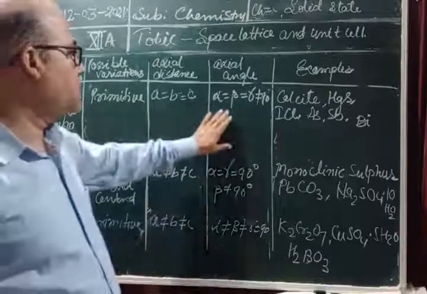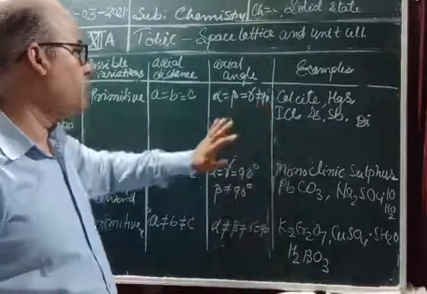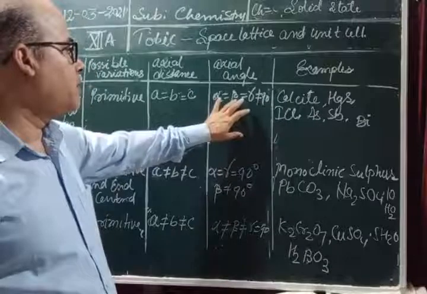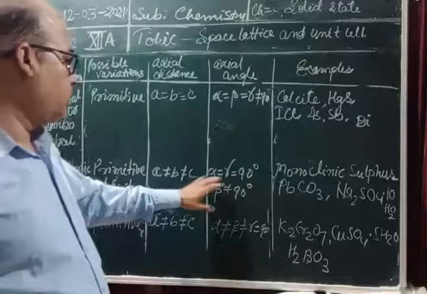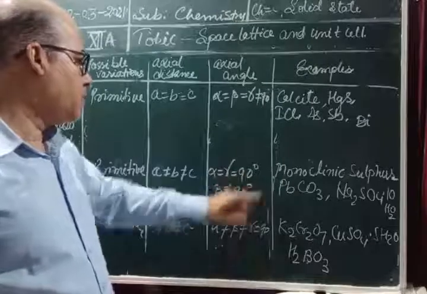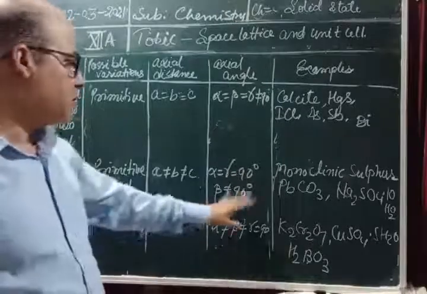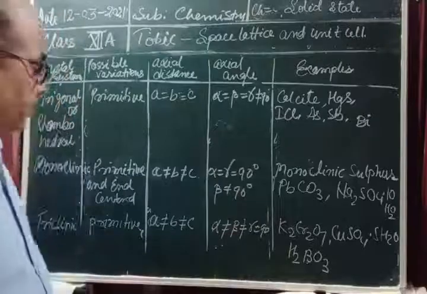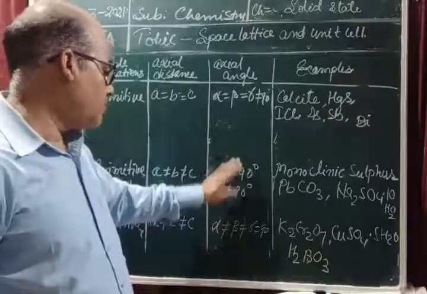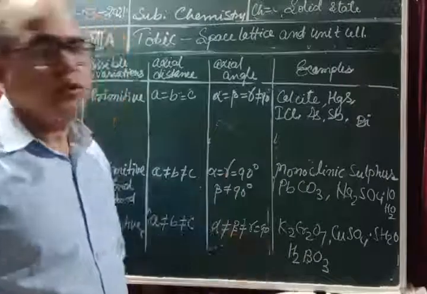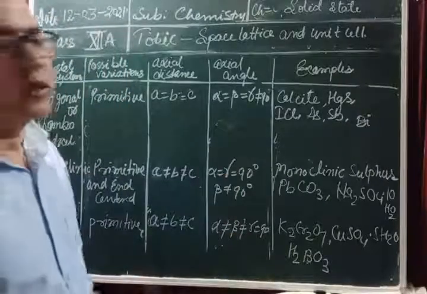But angles here are not equal to 90 degree. Alpha, beta and gamma are not equal to 90 degree. But here alpha and gamma are equal to 90 degree, but beta is not equal to 90 degree. In case of trigonal, all are equal to each other and not equal to 90 degree.